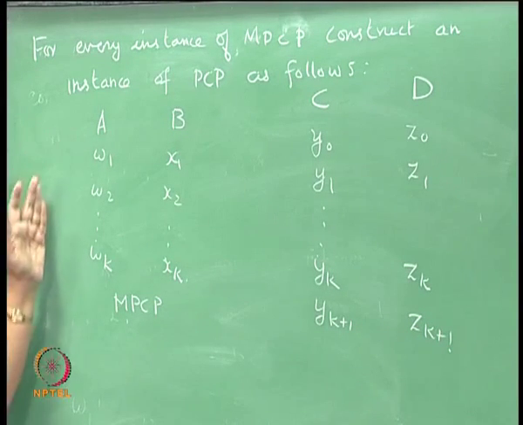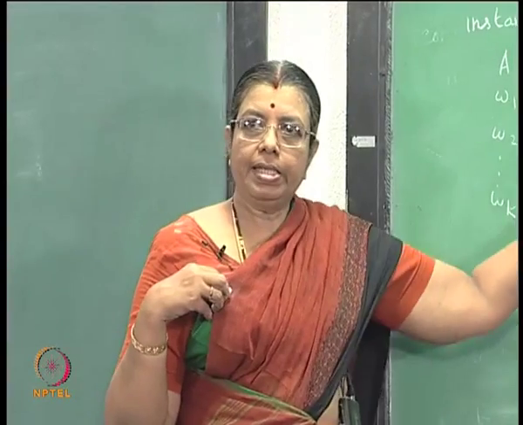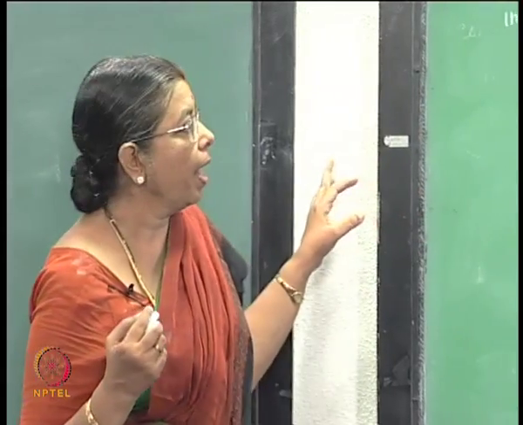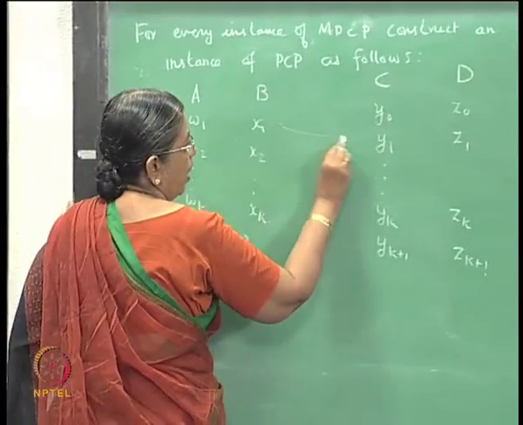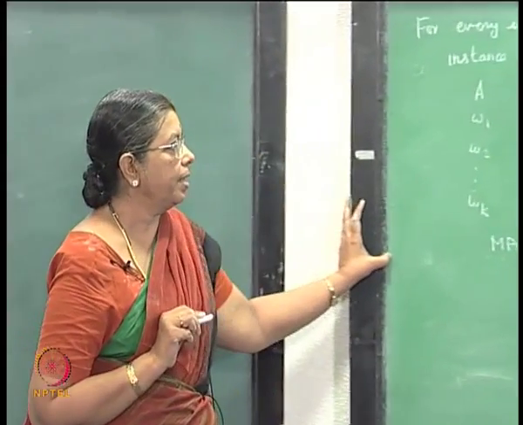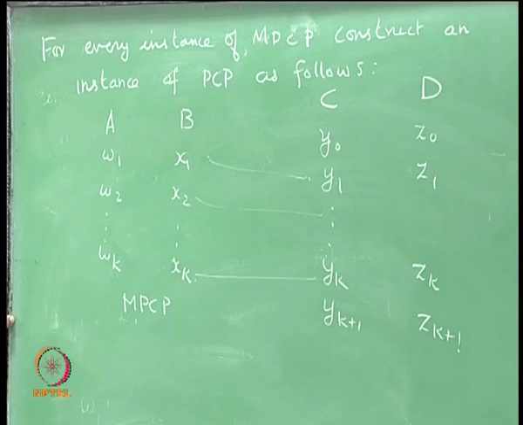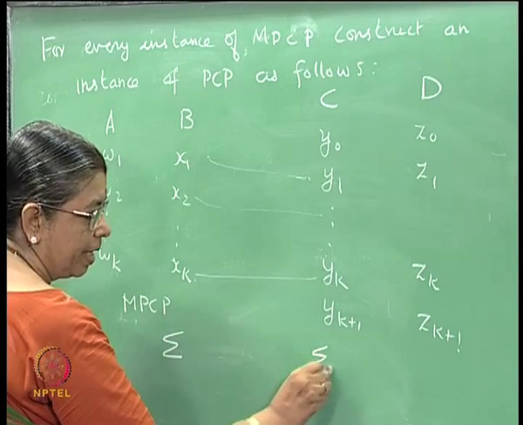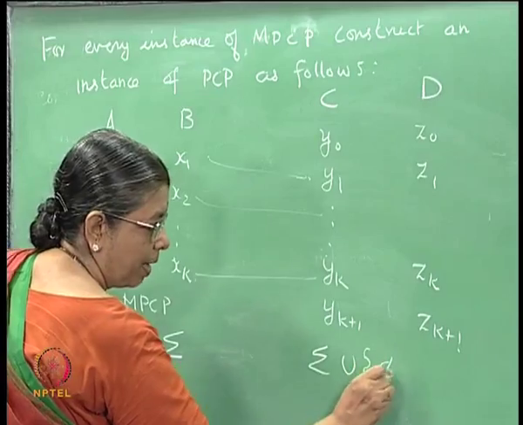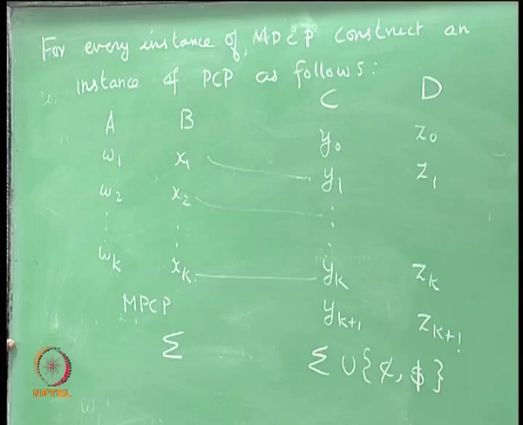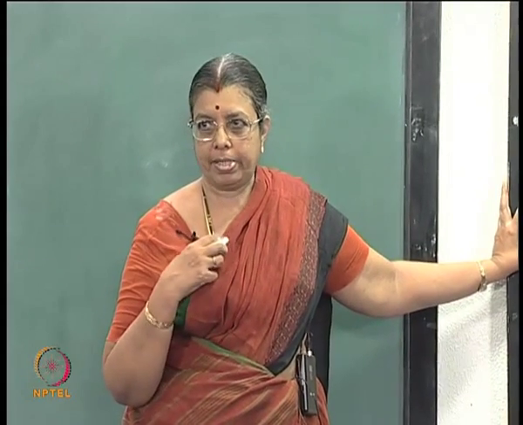If each list has k strings, here each list will have k plus 2 strings. How do you get this from this? Then we will see what is Y0 and what is YK+1. Now the alphabet is sigma union 2 more marker symbols, you have 2 more symbols which are used as markers.